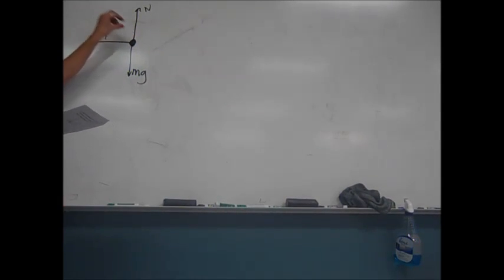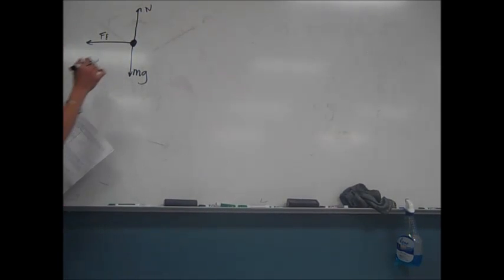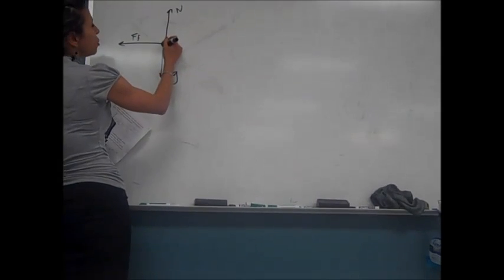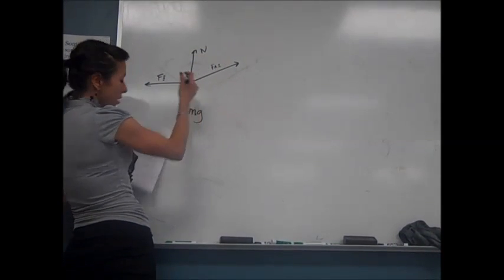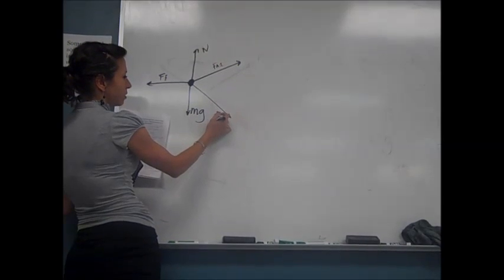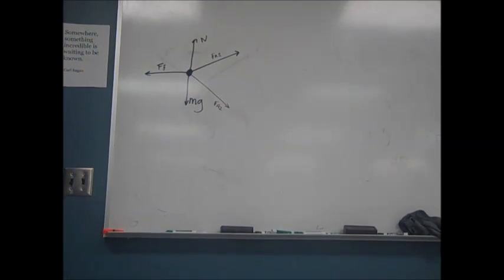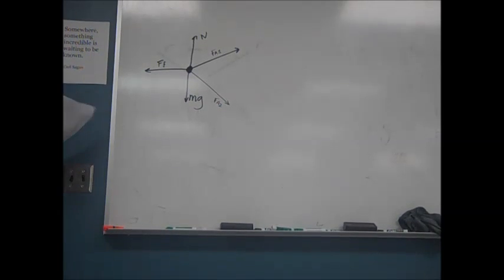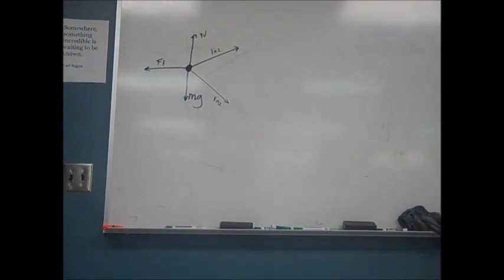All of your force vectors for a free body diagram should originate here, which means you're going to have one that goes up and to the right, call it FA1, and one that goes down and to the right, FA2. It looks kind of funny, but that is the circumstance.